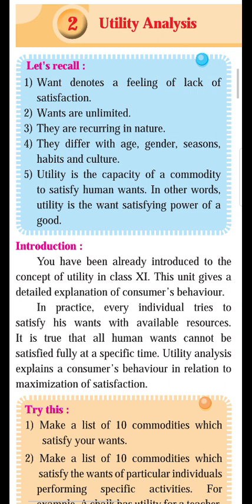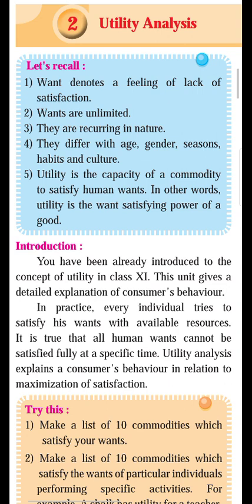If you see the definition of utility, a very precise definition is given by Stanley Jones. According to him, utility is the capacity of the commodity to satisfy the human wants. It is called utility. It means, if we elaborate this definition, the commodity has power to satisfy the human wants.